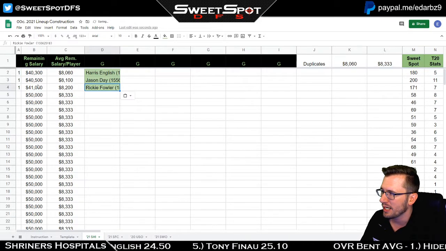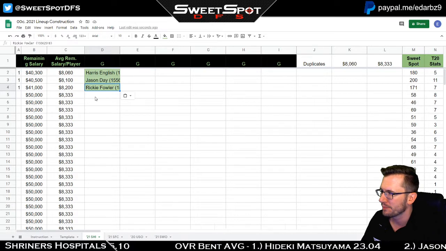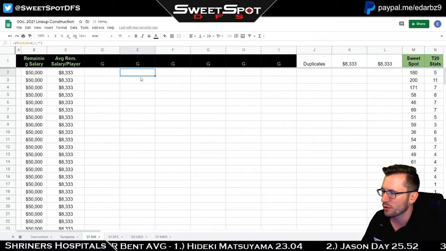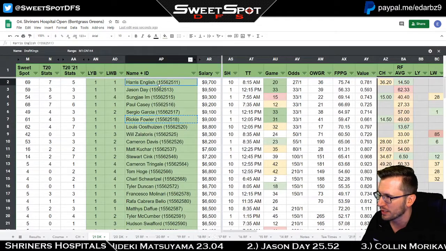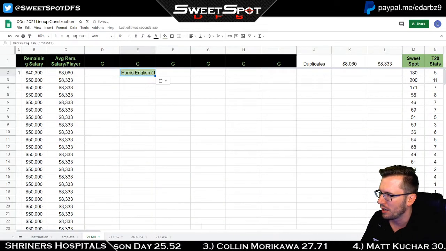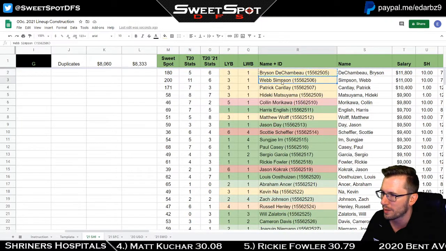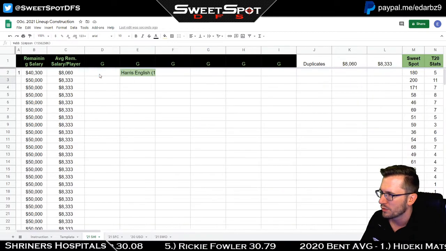So you can see it opens up a little bit of a price opening. But let's create a dummy lineup really quick. I'm going to throw Harris English in there, and let me put one of the other high price guys here. So let's go with Webb.